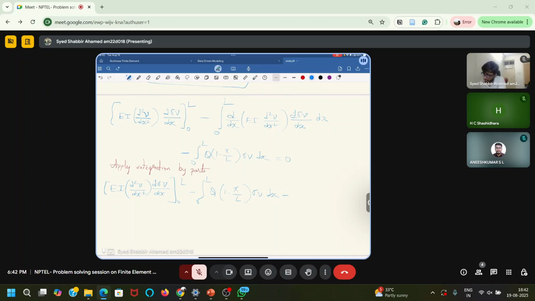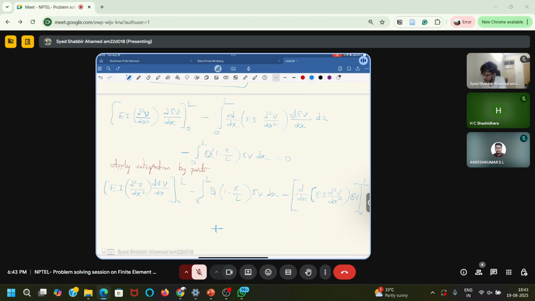So that will be minus d by dx of EI into d square v by dx square, times delta v from 0 to L, and plus now I have to do integral of u dash into integral v.